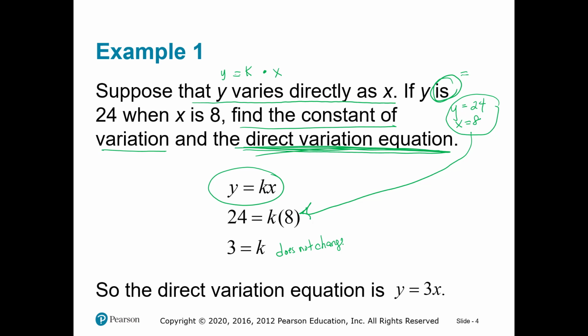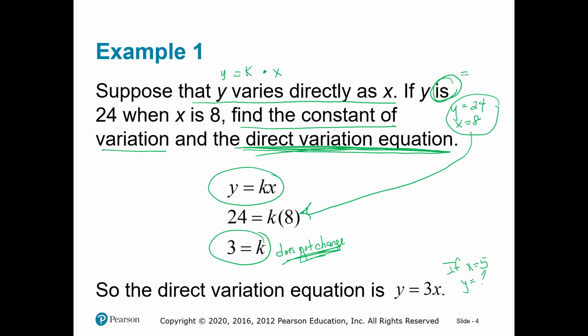Once you have it, that is the value for the entire problem, which means our equation for this problem would be y equals 3 times x. And then they can ask me anything. They could say if x equals 5, y equals what? And then all you have to do is plug that in, right?